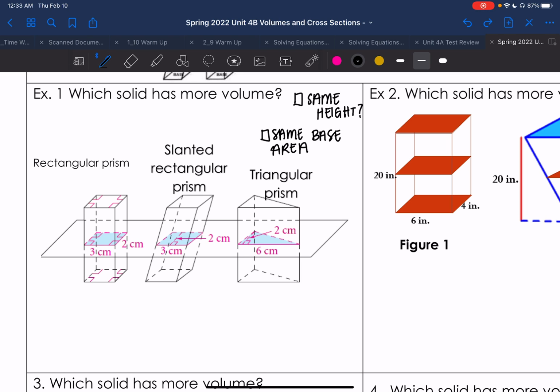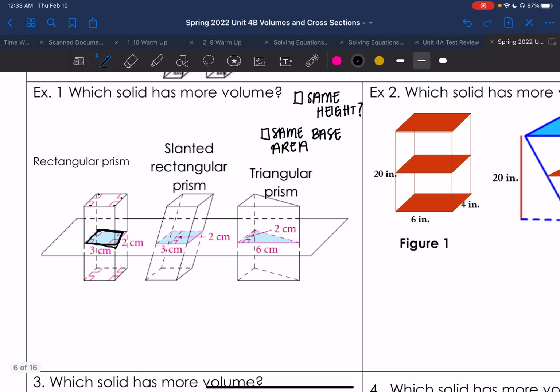For this rectangle, we have 4 right angles. The area of a rectangle, and a square is a rectangle, is length times width, so I'm going to plug in 3 times 2, and so the area of this rectangular prism's base is 6 centimeters squared.